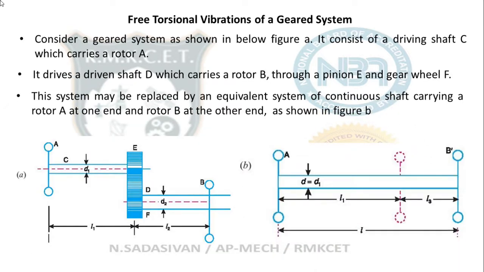Look at these two diagrams: kinetic energy of L1 plus kinetic energy of L2 should be equal to kinetic energy of L1 plus kinetic energy of L3. If both the kinetic energies get tallied, then your system is said to be equivalent. Second case, strain energy of L1 plus strain energy of L2 equals strain energy of L1 plus strain energy of L3. Clear? That is the assumption we are making, based on which we are going to derive the formula.